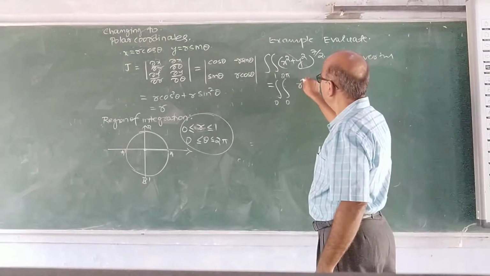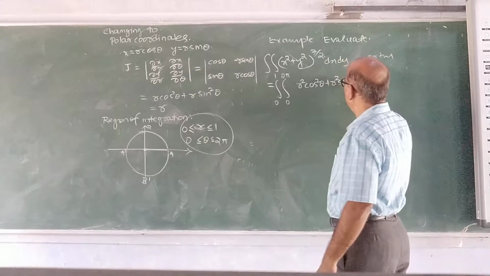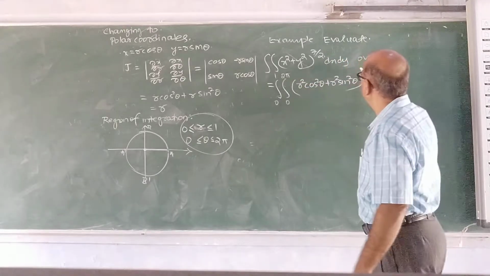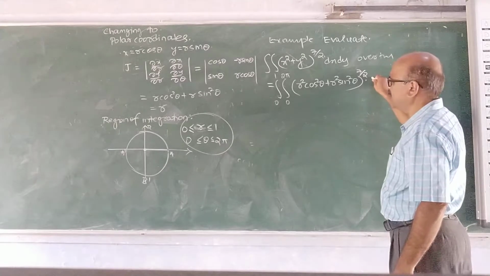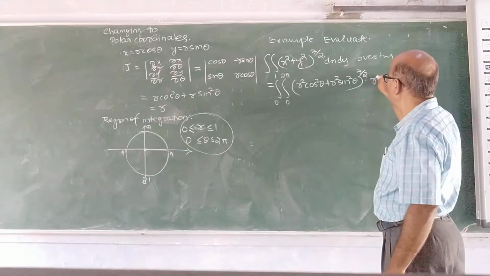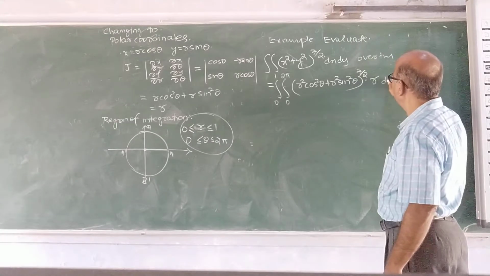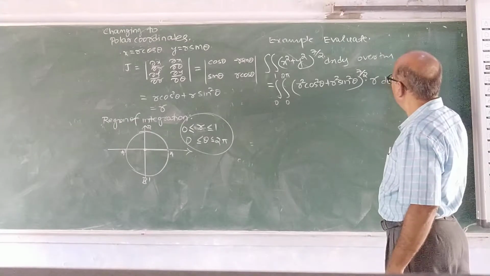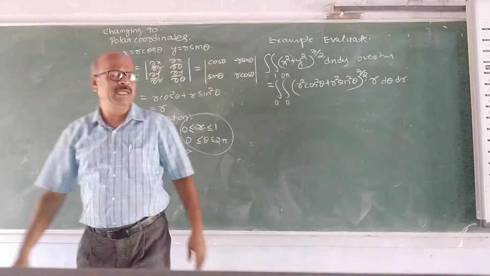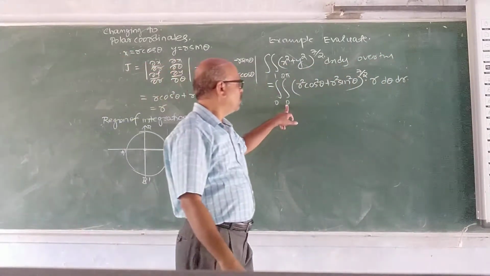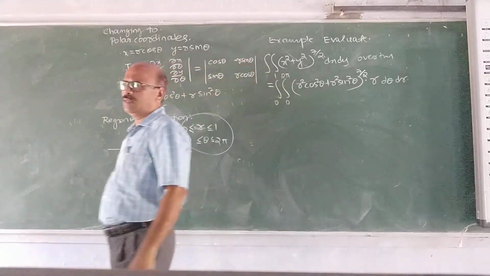What is x? r cos θ. Therefore, (r² cos² θ + r² sin² θ)^(7/2). What is the Jacobian? The Jacobian is r, and it is dθ dr, because for θ the limits are 0 to 2π.